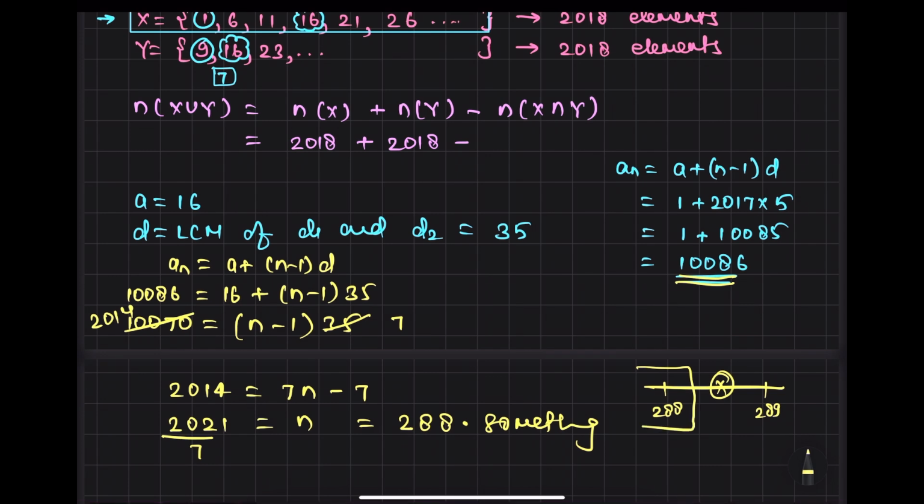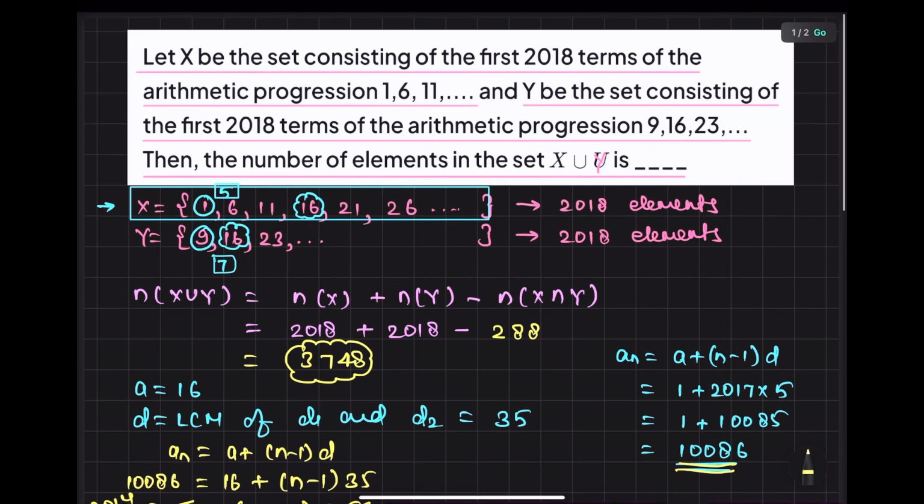So the number of common terms would be 288. Now simplify things, and you will get 3748. I hope the idea is clear and you can handle similar situations. See you in the next session of Mathflix.